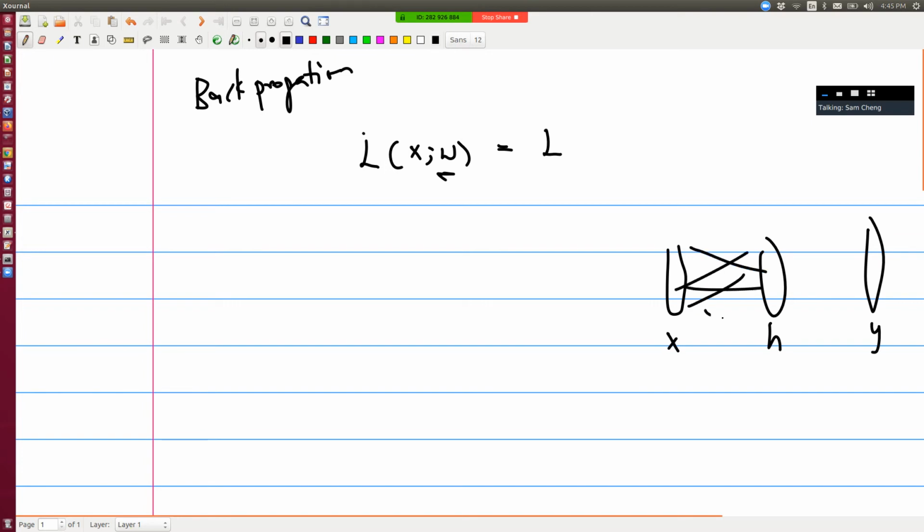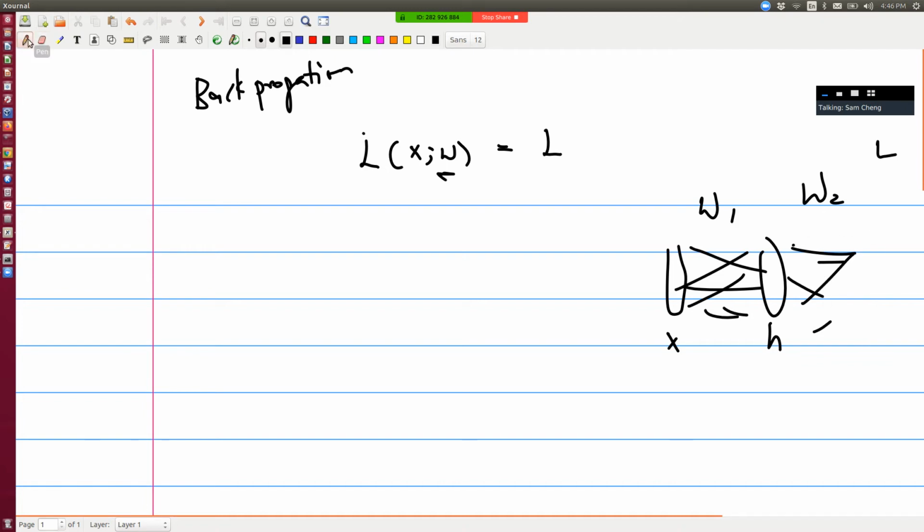Here I have some connection, I have W1, and another connection, I have W2. Now my loss eventually depends on this Y, right? I have another curve connecting from this Y. Actually, I'd better draw Y as just one node, maybe a regression problem with one Y here.